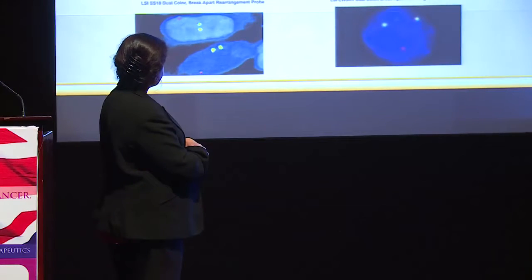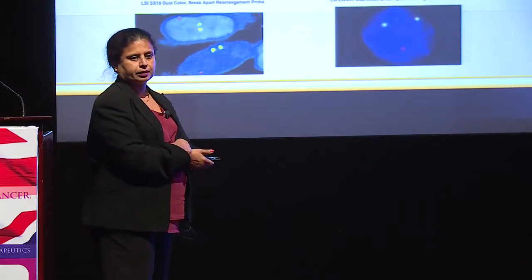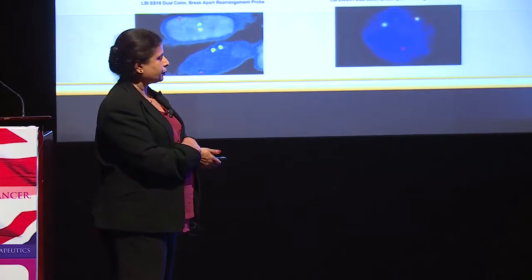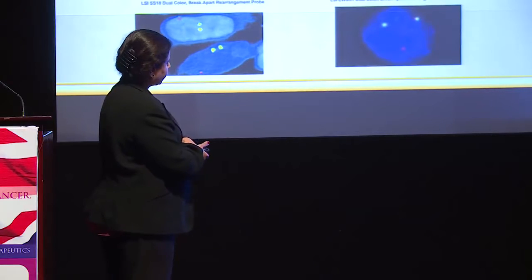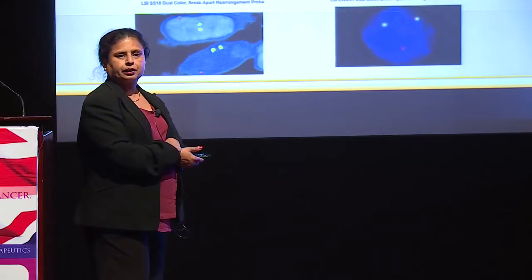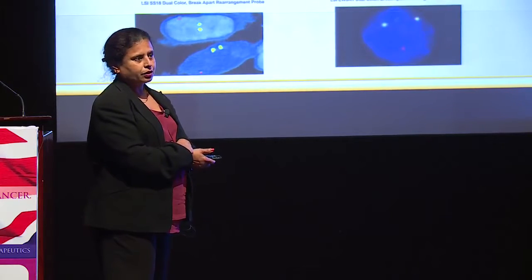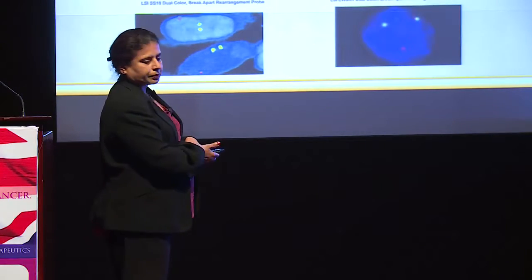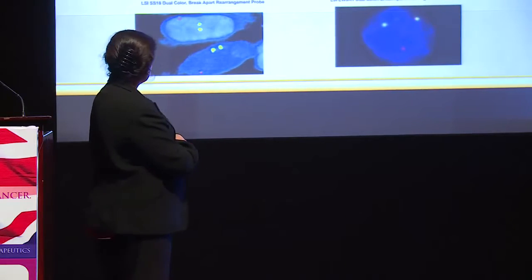We can detect these translocations in tissue sections as well, formalin-fixed archived tissues. And this is very helpful because sometimes there may not be enough tissue available for cytogenetics or for FISH analysis. So 4 micrometer sections are cut from tissue blocks and FISH analysis is done.